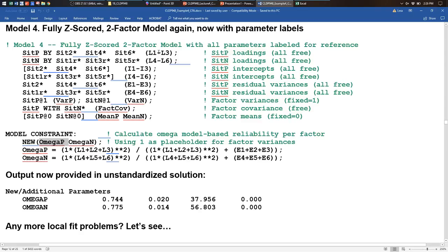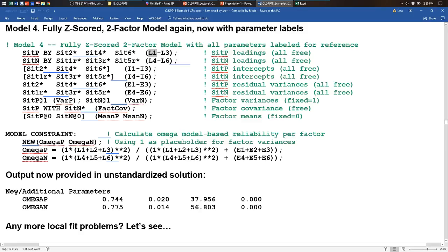It then goes up to your system here and fills in the number that goes with the label. So if item 2, which I'm calling loading 1, if that loading was 0.6, it would fill in 0.6 in my equation here. So it grabs the estimate that corresponds to the label and sticks it in down here. And it does the linear combination, and it uses the delta rule to get a standard error out of it.